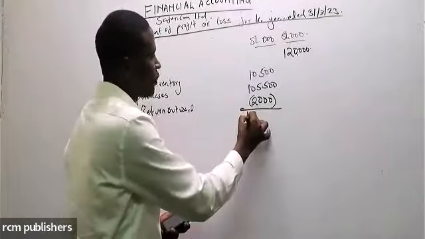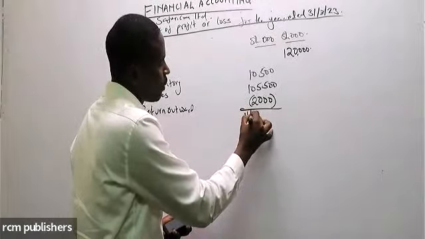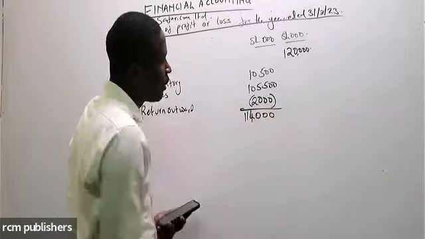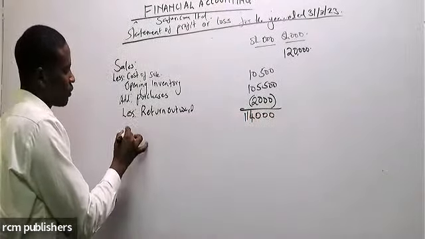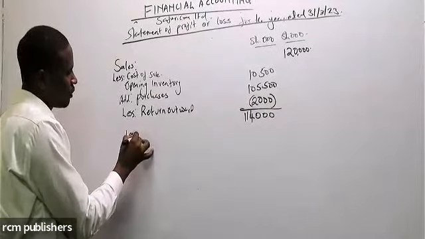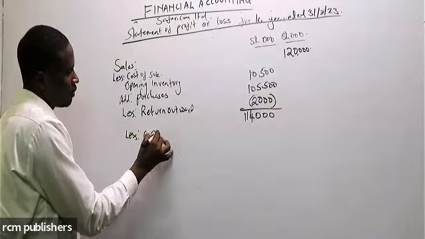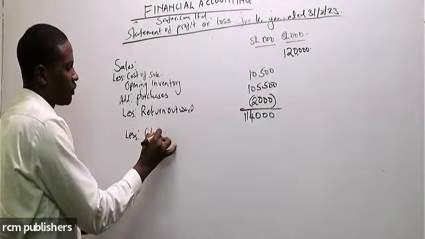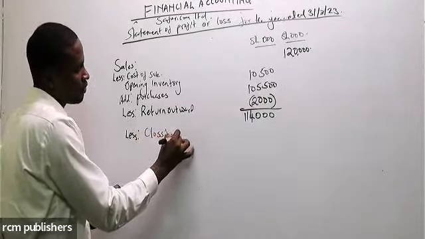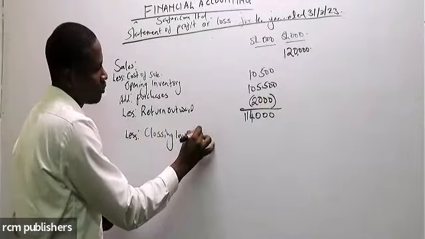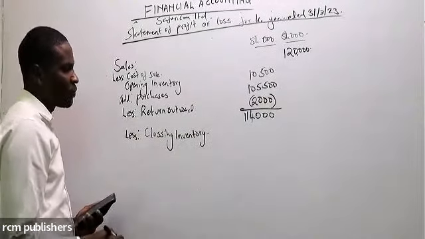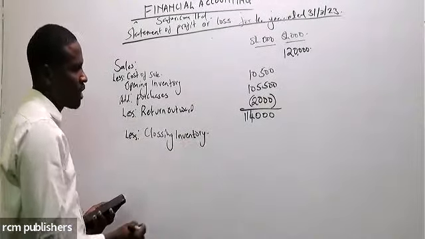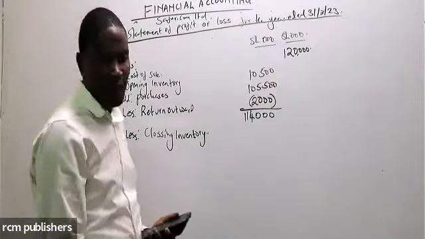I'm getting 114,000. Remember, we are computing the cost of sale. So from 114,000, we less the closing inventory. The closing inventory in this case, we are going to get it through an indirect way.